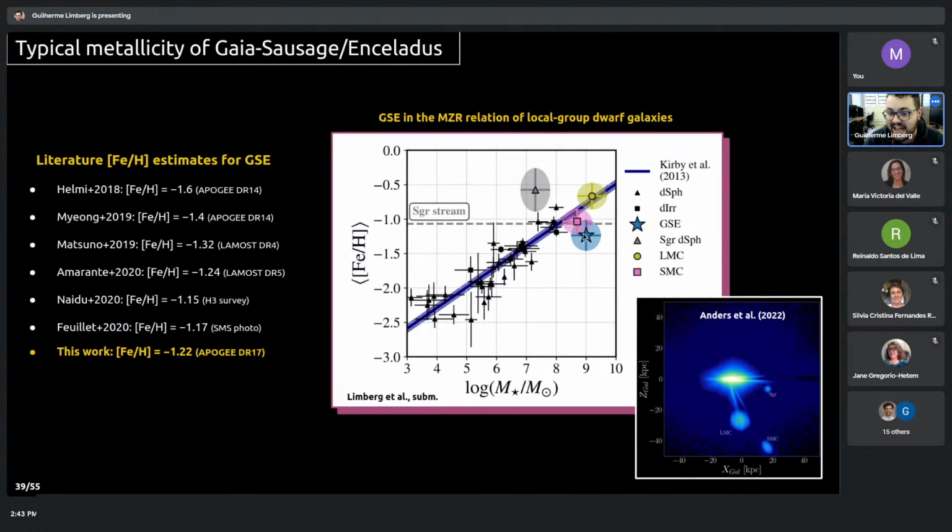And we can see that despite having a higher mass than the Small Magellanic Cloud, this Gaia-Sausage galaxy has a lower metallicity. And this is exactly what we would expect for a galaxy that had its star formation history interrupted by this catastrophic event, the catastrophic event being the accretion by the Milky Way.